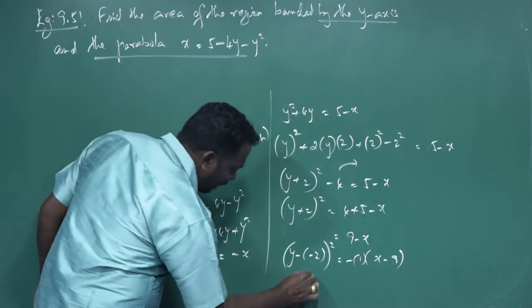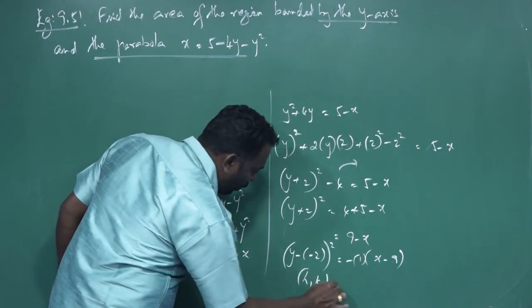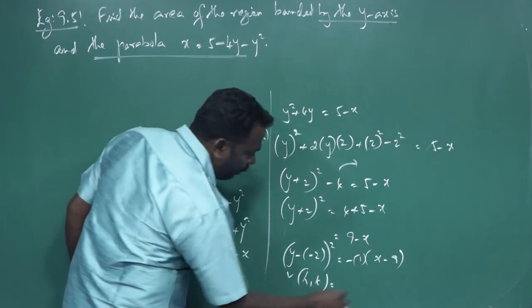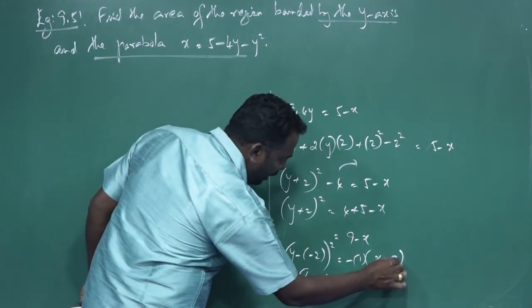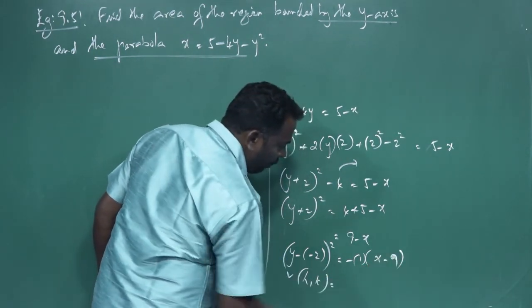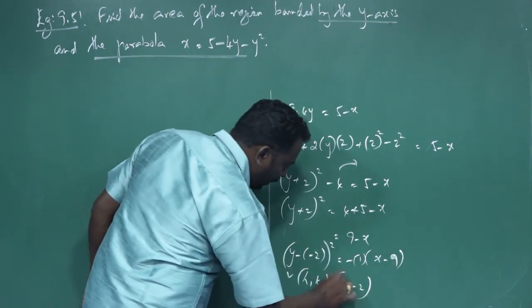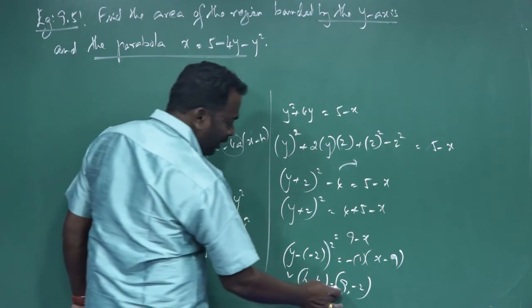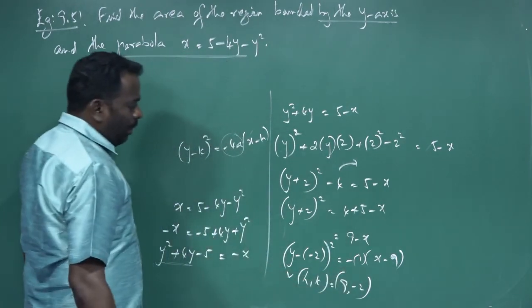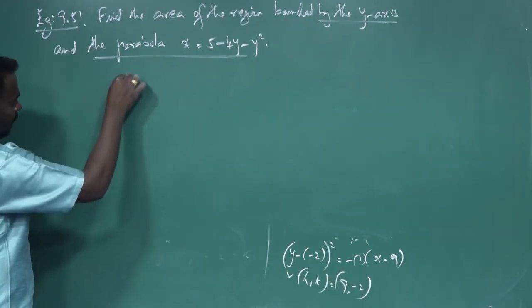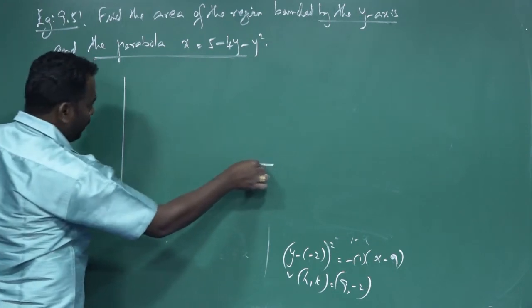Therefore we need the (h, k) value, that is called the vertex point. The h value is 9 and the k value is minus 2. Therefore the vertex is at (9, minus 2). Just plot the vertex point first.